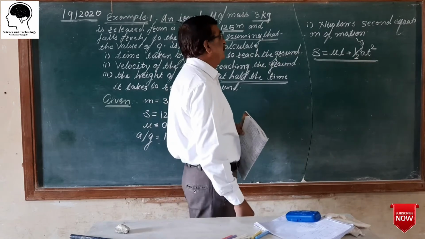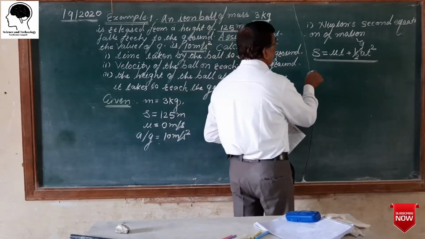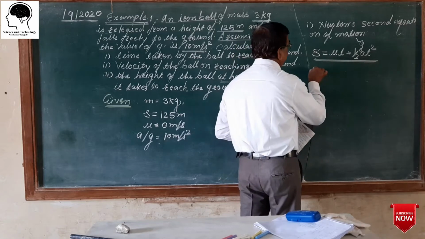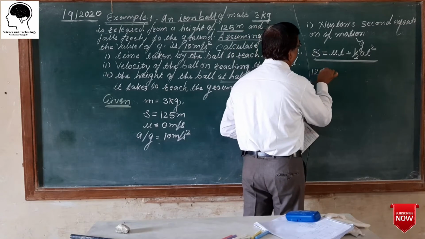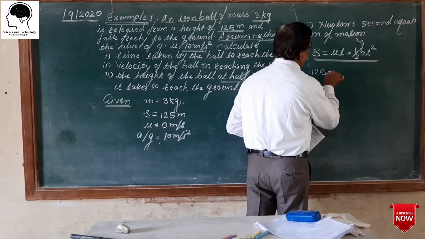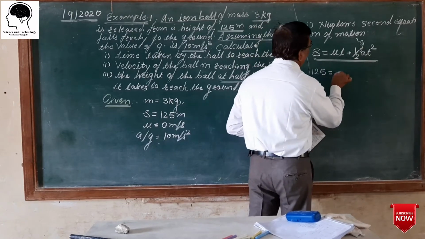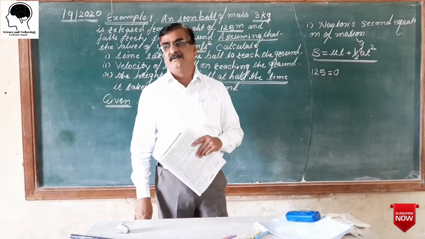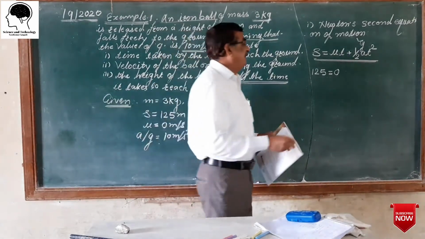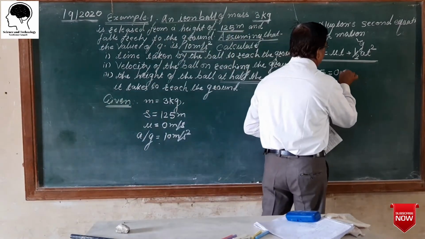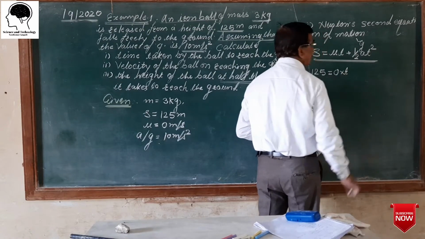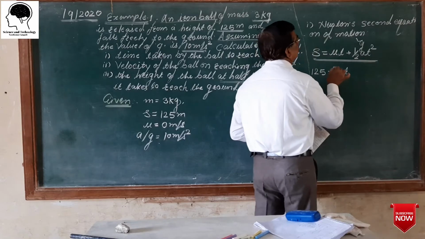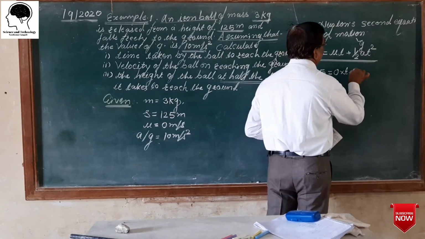Then filling the values in the equation. It is the distance, 125 meters. u is 0 because it starts from zero velocity. Then t is to be calculated, it is asked in the example.